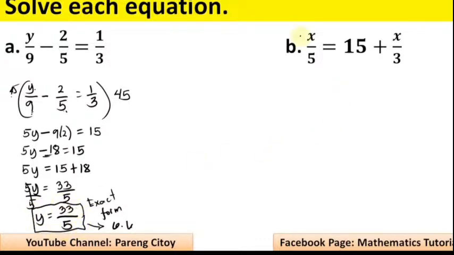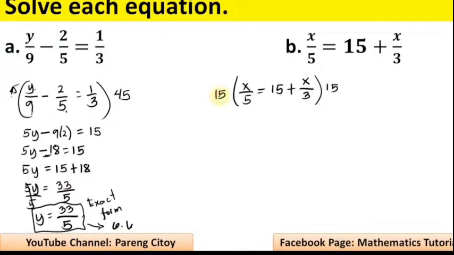For letter B, we have x over 5. So we have x over 5 equals 15 plus x over 3. So let's multiply the denominators. So that is 15. So 15 is our LCD.